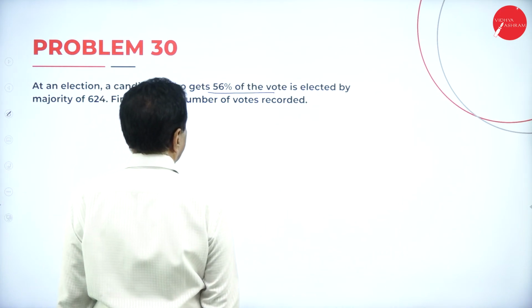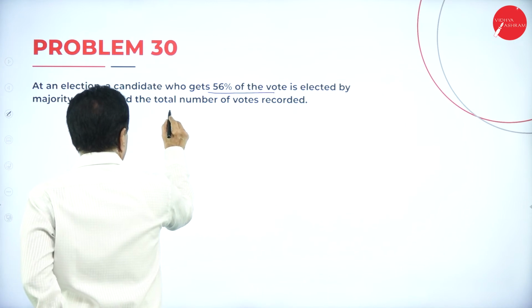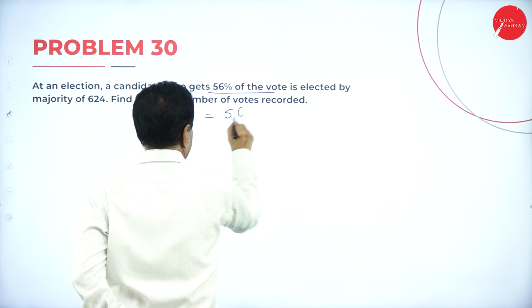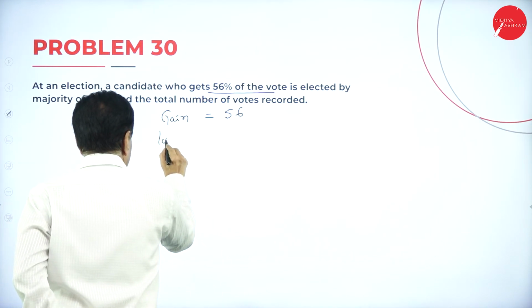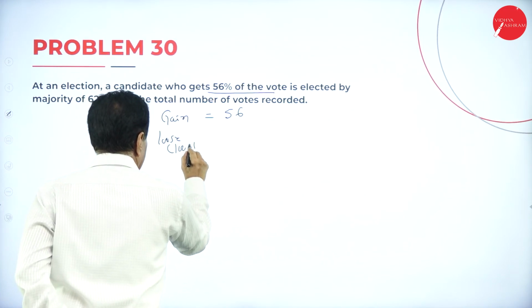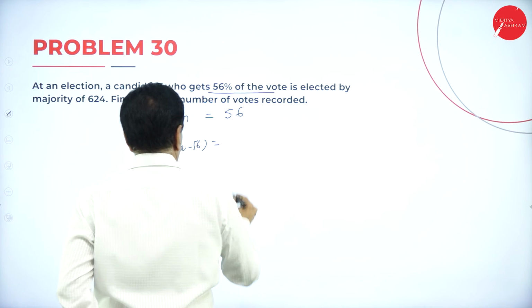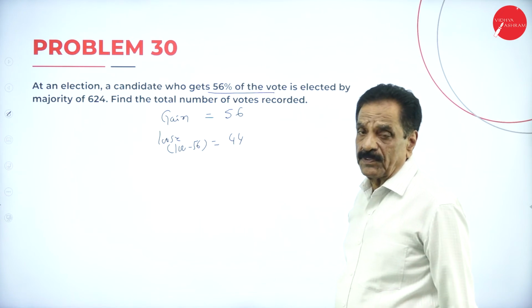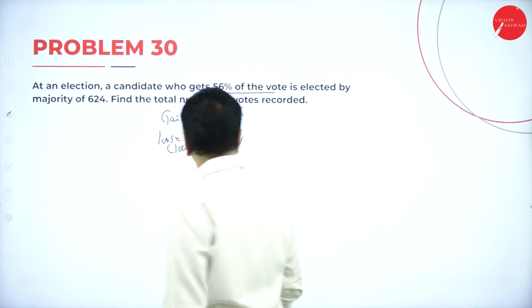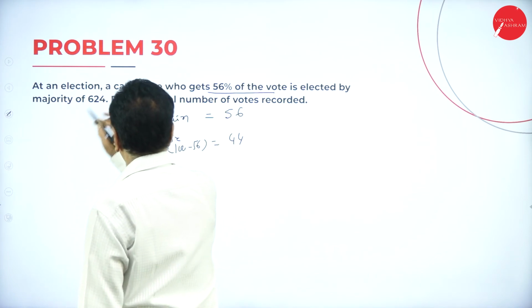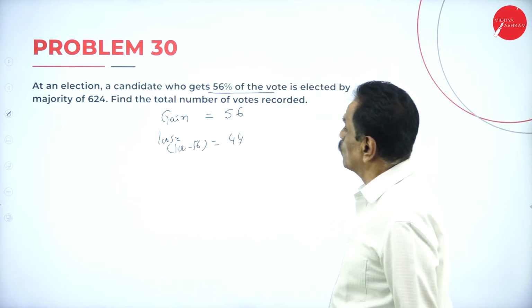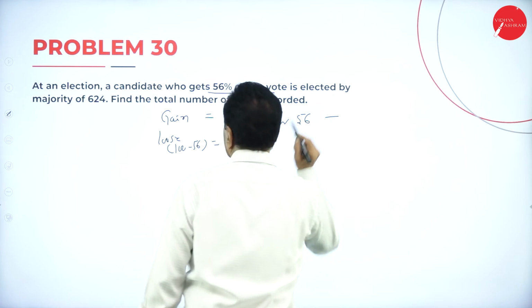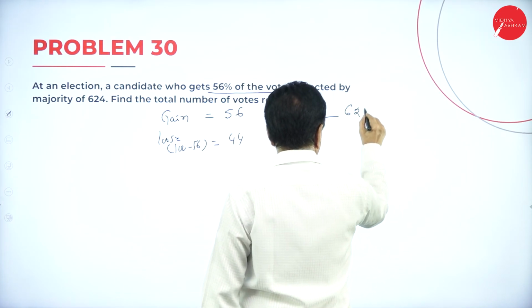The winner gets 56%, the loser gets 100 minus 56, which is 44.